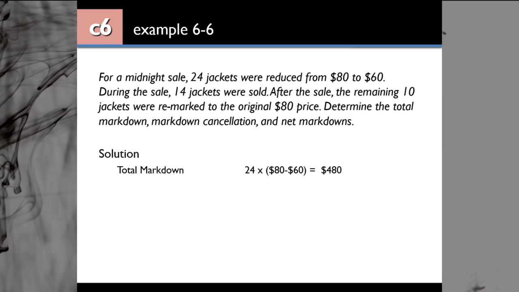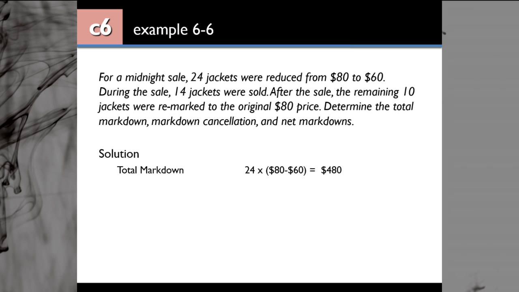And second step, now you can calculate markdown cancellation. This example says that 14 jackets were sold, but after the sale, the remaining 10 jackets were remarked. That means the markdown on these 10 jackets was canceled.